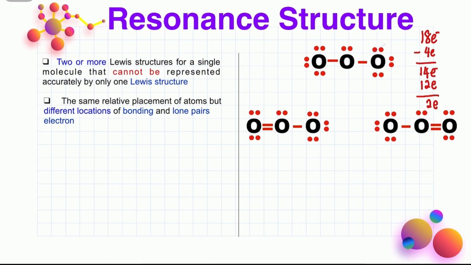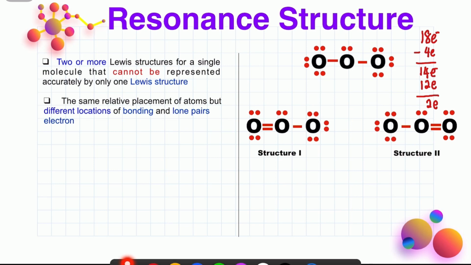We have structure 1 and we have structure 2. The difference is the position of the double bond. For structure 1, the double bond is at this part, but for structure 2, the double bond is at this part. But the arrangement of atoms is the same, only the positions of the double bond are not the same.